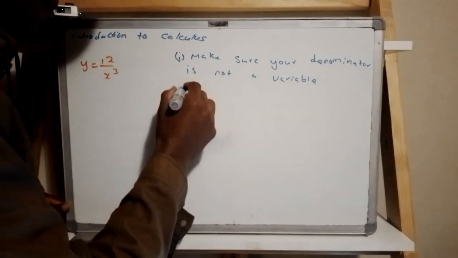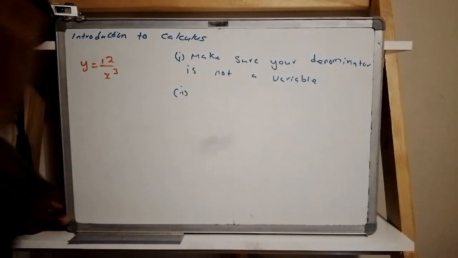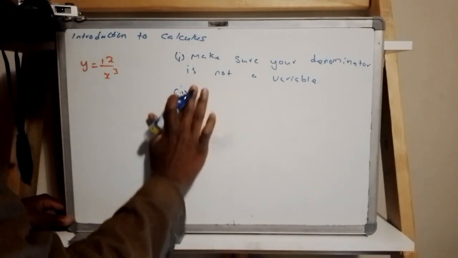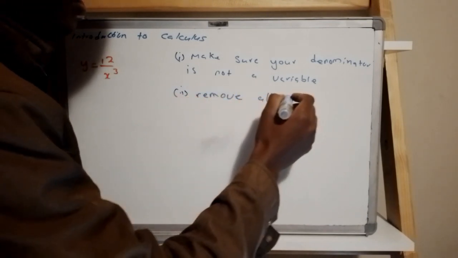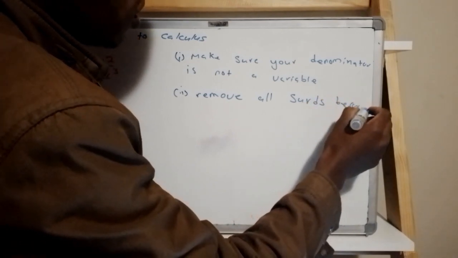2. These are my 3 secrets, right? Rule 2: remove all roots before differentiating.